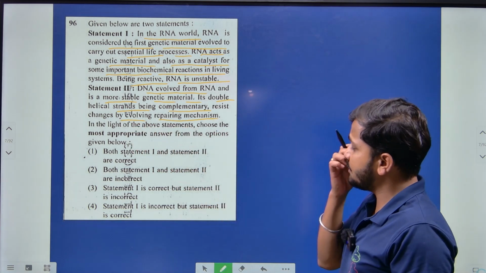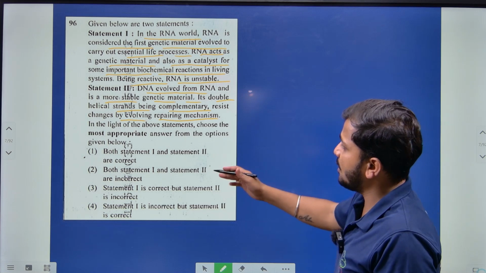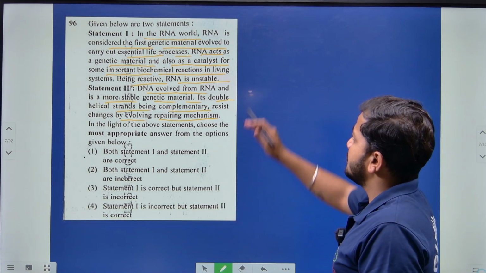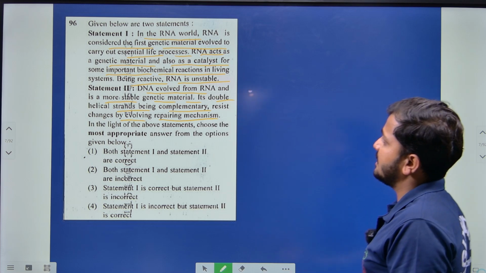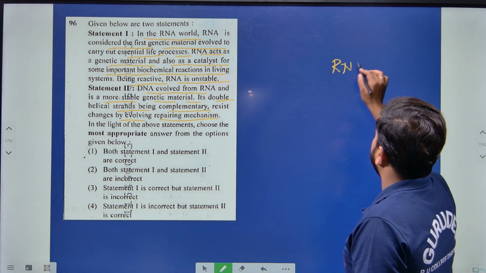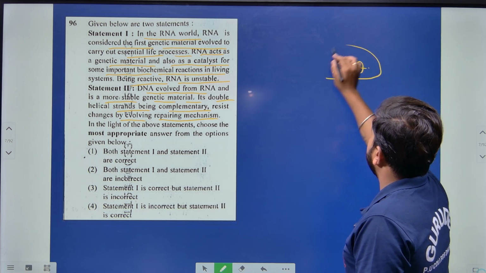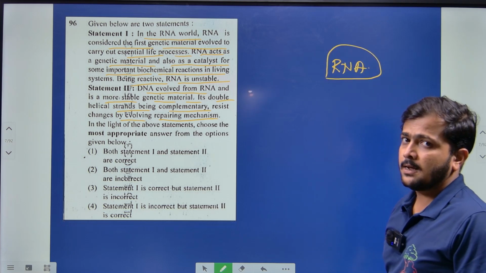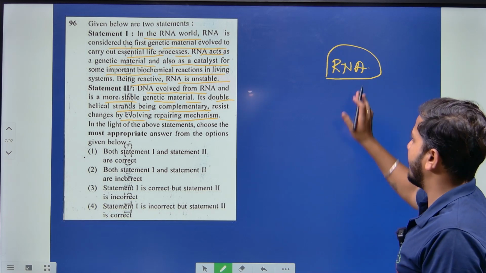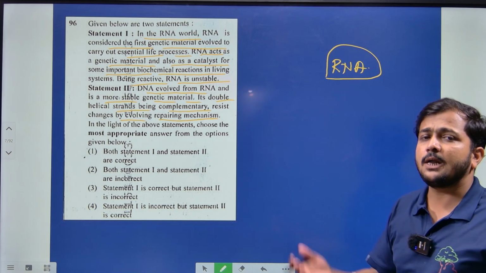According to this, we have to find out which statement is correct or which statement is incorrect. Both these statements, we have already discussed with respect to the molecular basis of inheritance related with RNA. The first genetic material to be considered was the RNA, and from the RNA only, DNA got evolved.